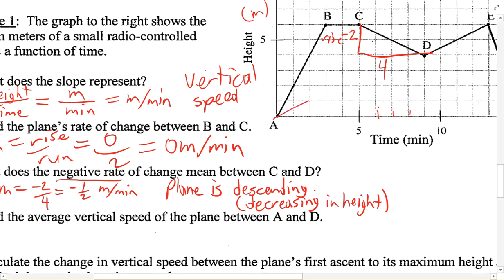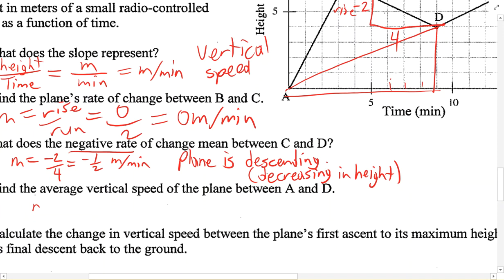So between A and D, what's the slope? Well, M would be your rise over your run. And so your rise is 1, 2, 3, 4, and your run is 9. And that would again be meters over minutes. So that equals 4 over 9 meters per minute.